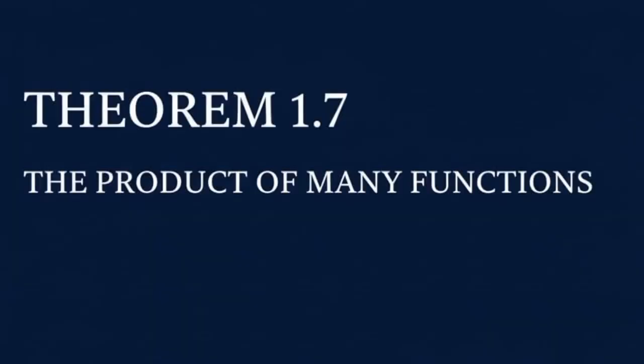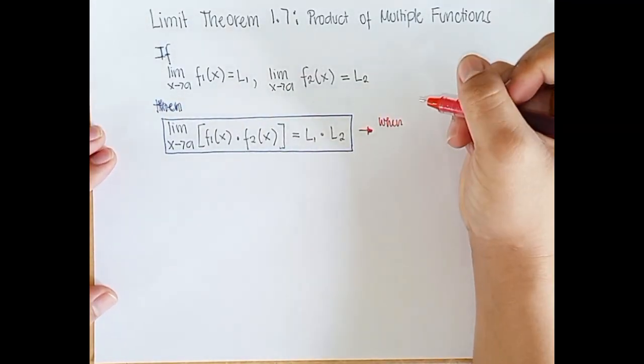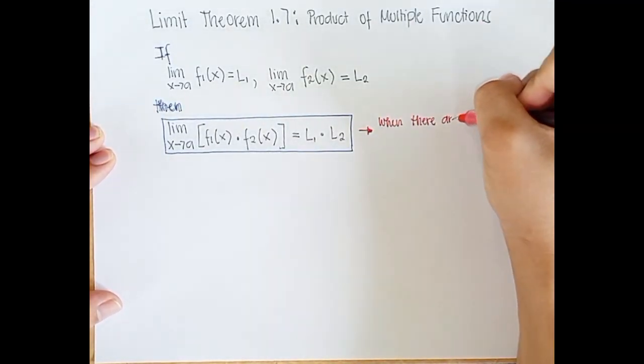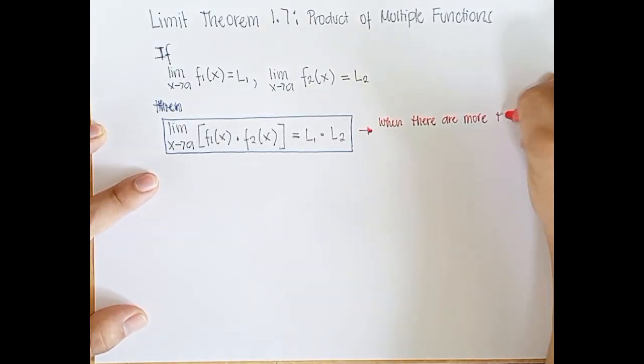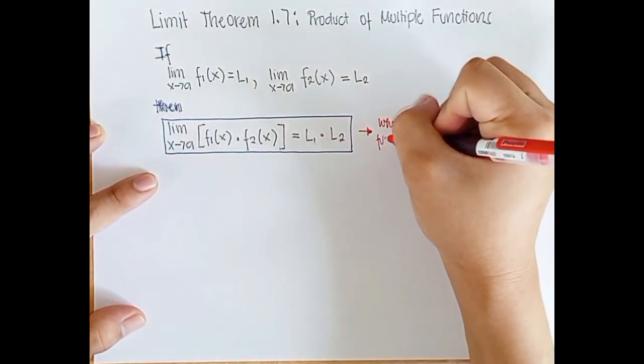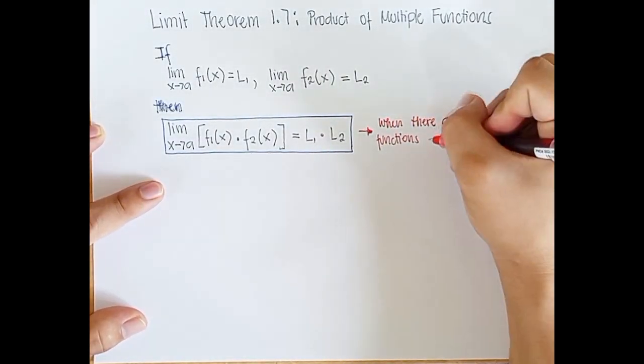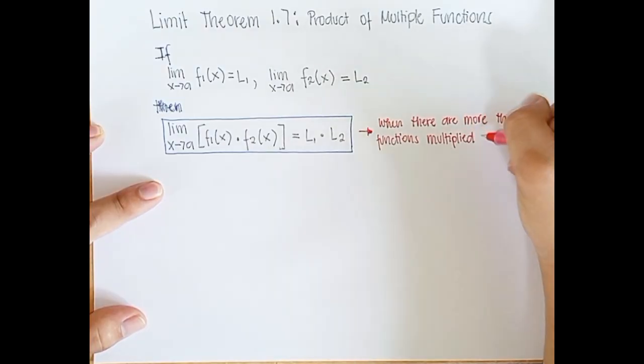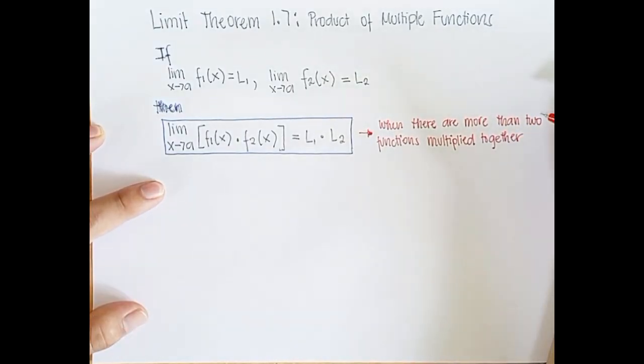Since we are done with Theorem 1.6, which is the product rule, let's proceed to Theorem 1.7, the product of multiple functions rule. When there are more than two functions multiplied together, the limit of the product is the product of all their limits. Theorem 1.7 is an extension of Theorem 1.6.